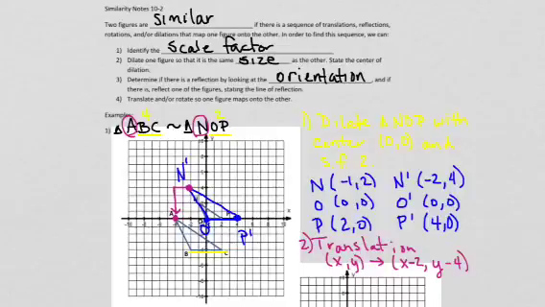And that will put the original figure NOP on top of ABC, and therefore they are similar. So let's go ahead and try the next one.